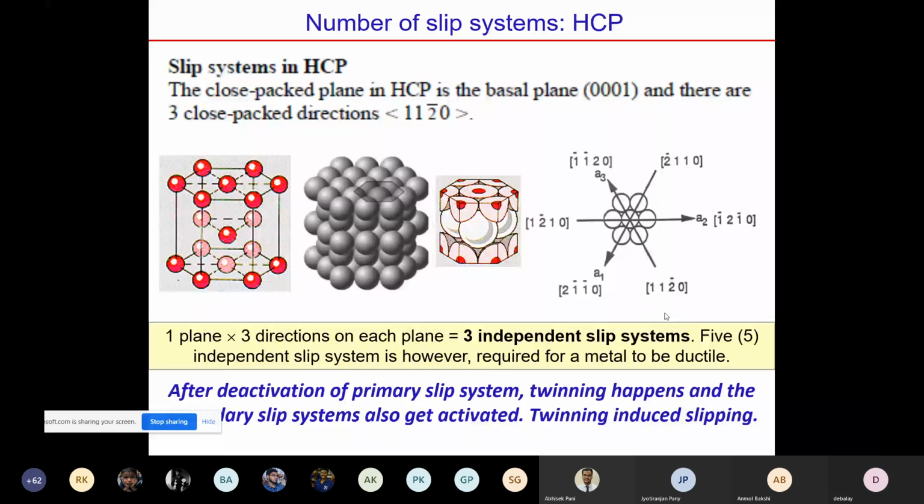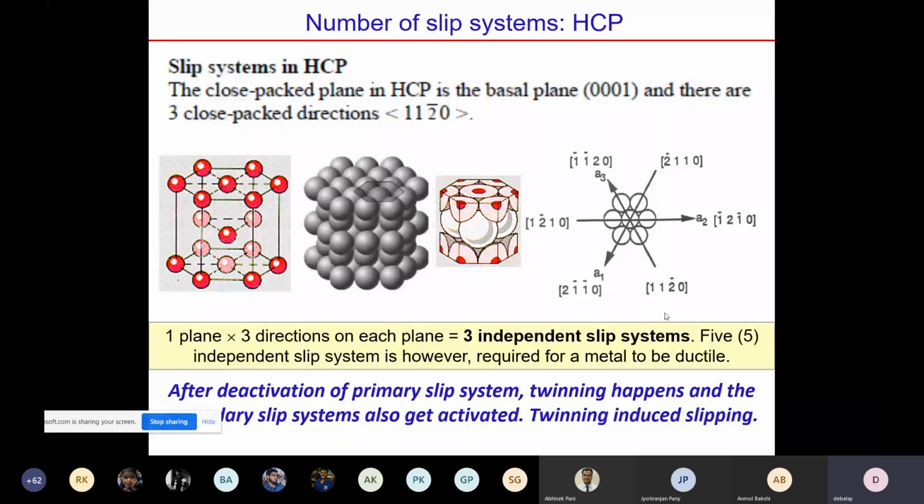So the pyramidal plane and prism plane, as I have shown, contribute 1 each, but the overall total slip system remains 4: 2 basal, 1 pyramidal, 1 prismatic. So the total number of maximum slip systems is 4, but you need 5 to maintain continuity.